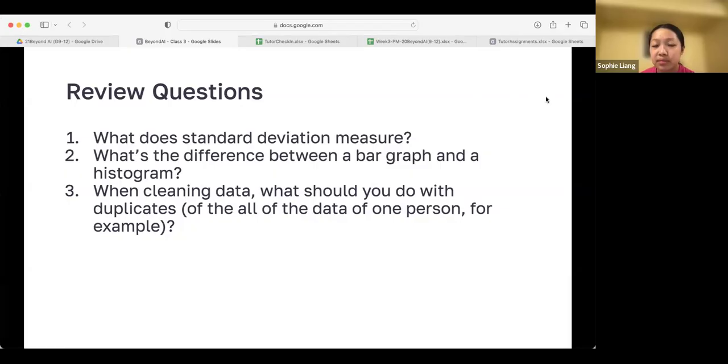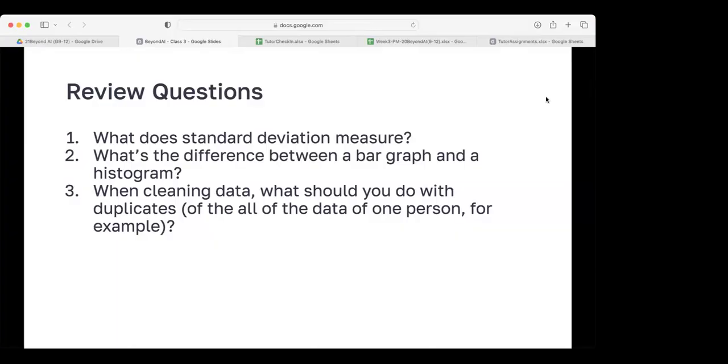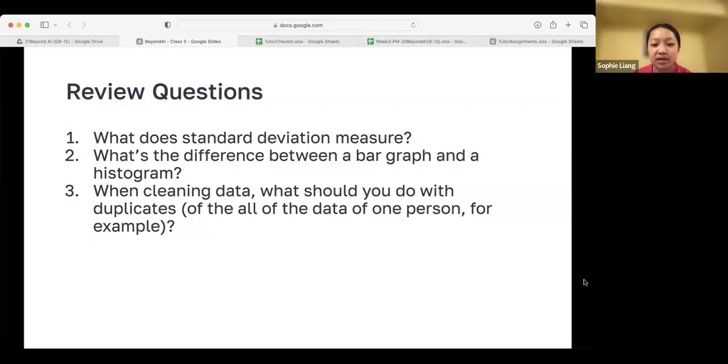How about this? If you have duplicates of, let's say, all the data of one person, should you delete it or not delete it? Delete it. Yeah, that's right. You should delete it because you're not supposed to have duplicates, and that's a mistake.